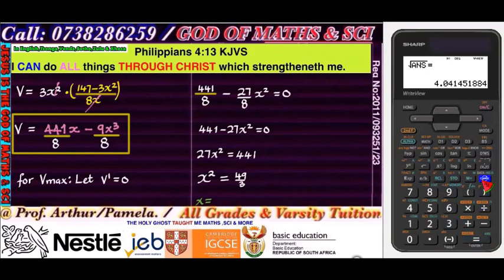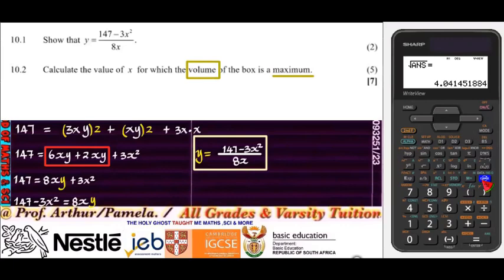I've got positive 4.04, or because it's a square root, it should be plus or minus, so x equals negative 4.04. Now, let's look.